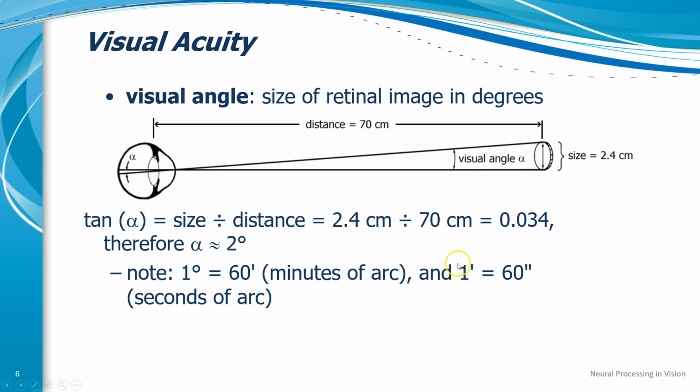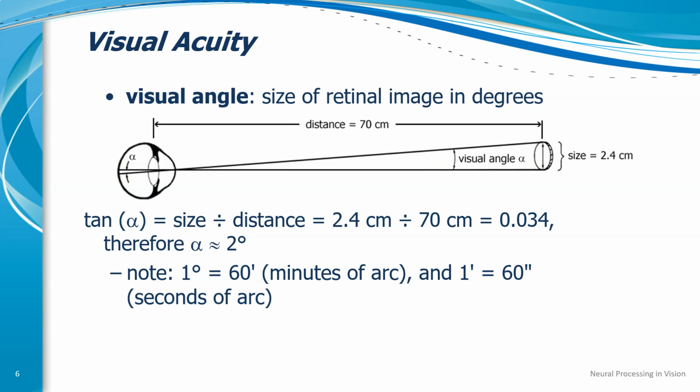So here, 1 minute of arc can be divided into 60 seconds of arc. 1 second of arc is an angle that is 1/60th of a minute. Or, put another way, it's 1/3600th of a degree. So it is a very, very, very small degree. This is a bit confusing. You might want to go back and listen to that explanation all over again.